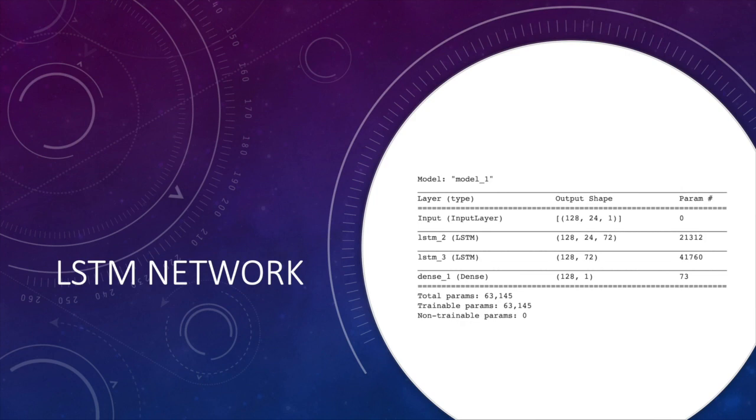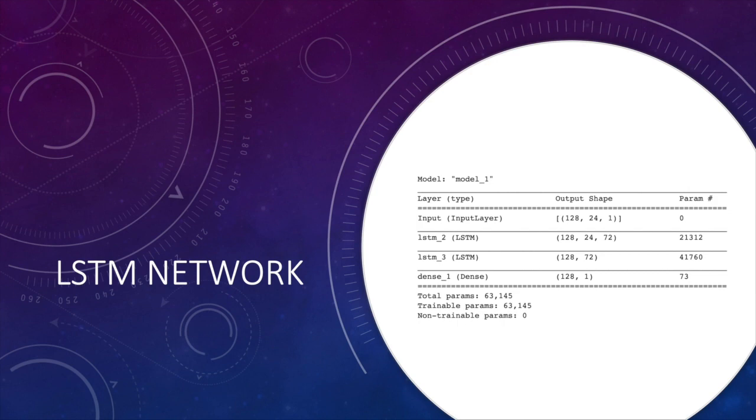In LSTM, I defined the input layer to accept a 3D tensor with batch size of 128, 24 past observations, and 1 feature. In other LSTM models, I used 4 features. Next is an LSTM layer with 72 neurons using soft sign activation function.